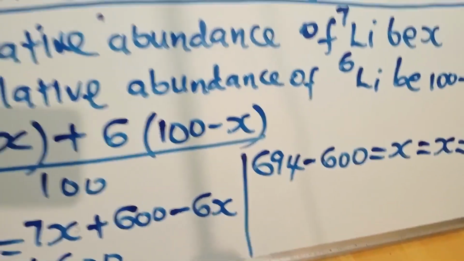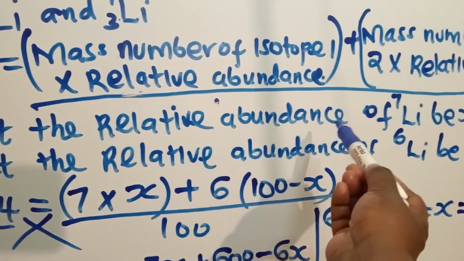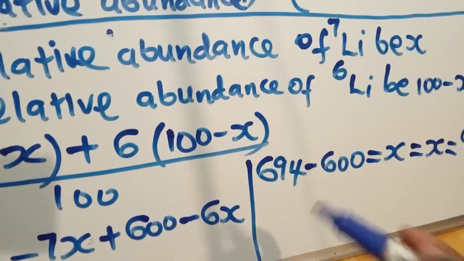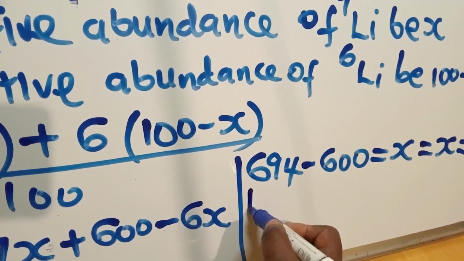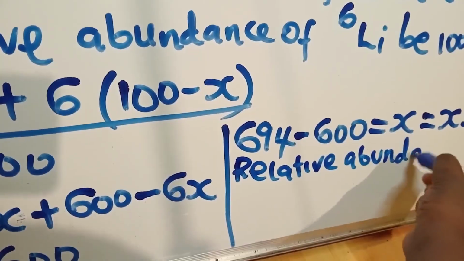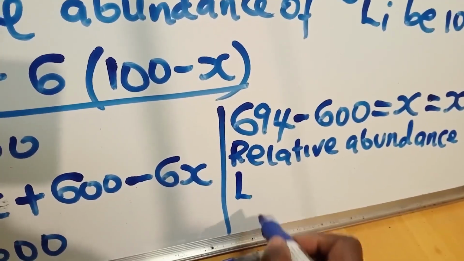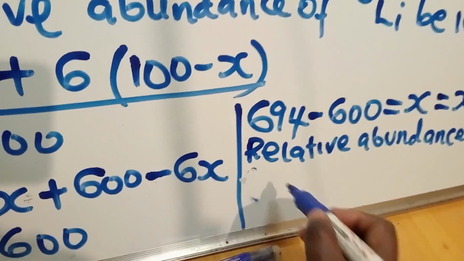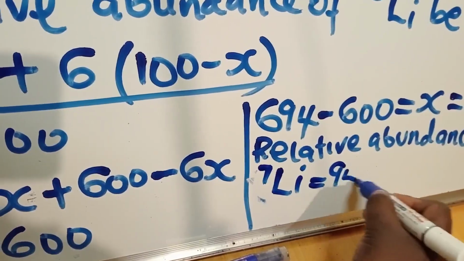From there, we remember what we had said up here, that let the relative abundance of lithium-7 be X. So the X that we have got down here is actually the relative abundance for lithium 7. So you will say relative abundance of lithium 7 is equals to 94.